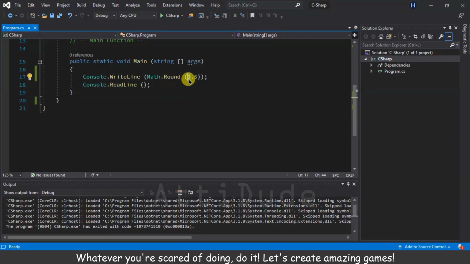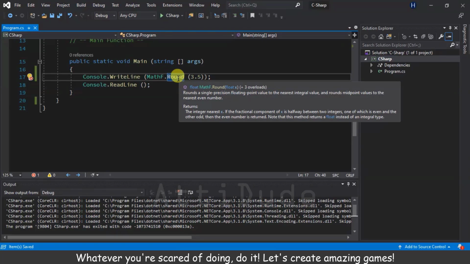For example, if we had 2.5, 2 is an even number, so it will just floor that. And if we have 3.5, we know 3 is an odd number, so it will ceil to 4, because 4 is an even number.